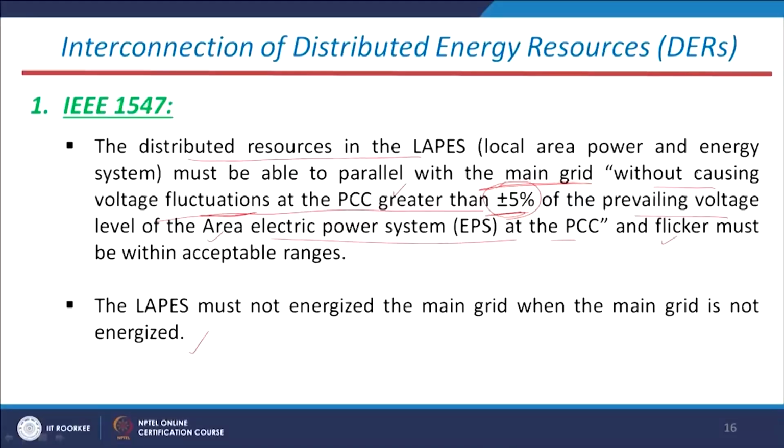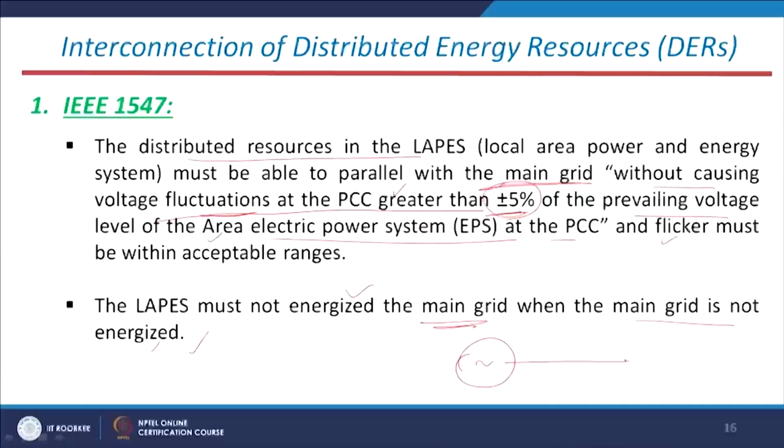Now, the last one is also important: the LAPS, that is the local area power energy system, must not energize the main grid when the main grid is not in function or not energized. Let us say due to some upstream fault, the main grid is out of service.